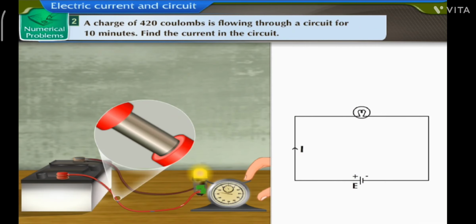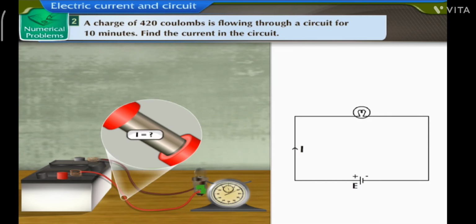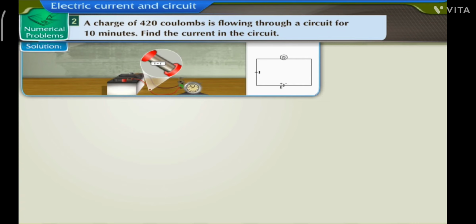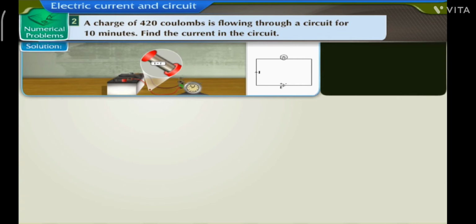Problem 2. A charge of 420 coulombs is flowing through a circuit for 10 minutes. Find the current in the circuit. Solution. Let us write the given data. Charge Q = 420 coulombs. Time t = 10 minutes = 10 × 60 seconds = 600 seconds.